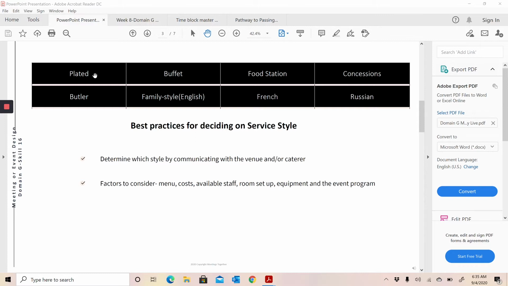And then concessions, this is where your guest pays on their own. There's no cost to the organization. I gave the example of food trucks, so that is the concession option. Those are for the larger groups. And then butler, those are for the smaller groups, tray passed hors d'oeuvres, things like that.